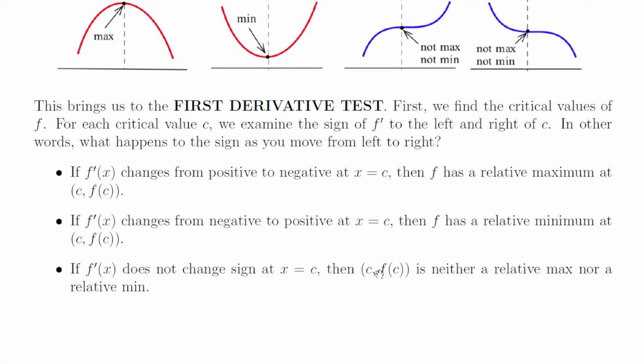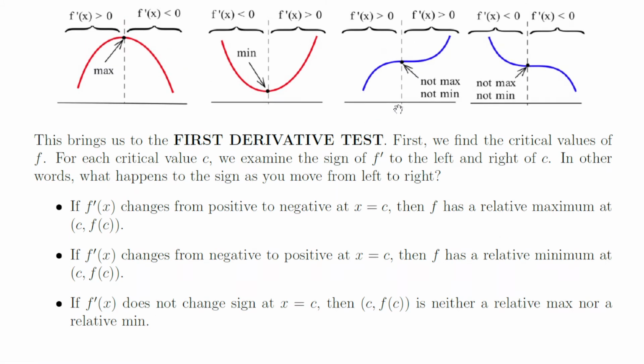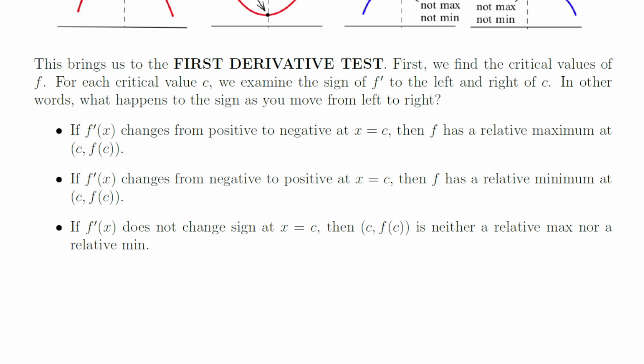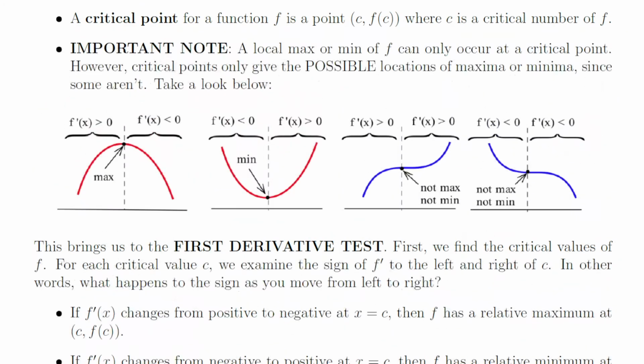If it doesn't change sign, if it stays either negative or stays positive, it's neither a relative max nor a relative min. It's what we call a horizontal point of inflection. I did not include that in this section purely because we're going to be talking about it a little bit more in the next section. So that's really the notes here that we're going to look at.